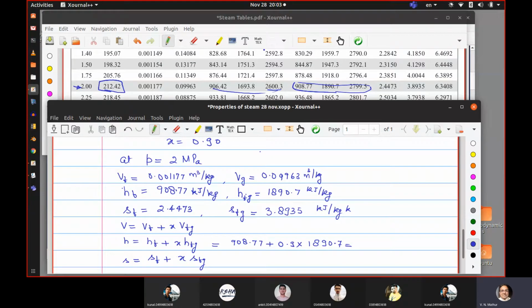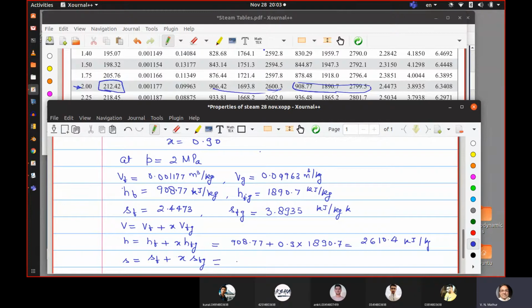This comes out to be 2610.4 kilojoule per kg.